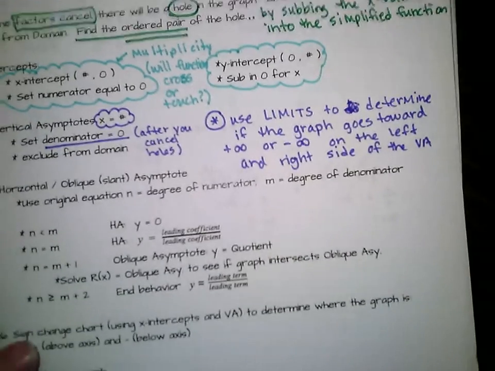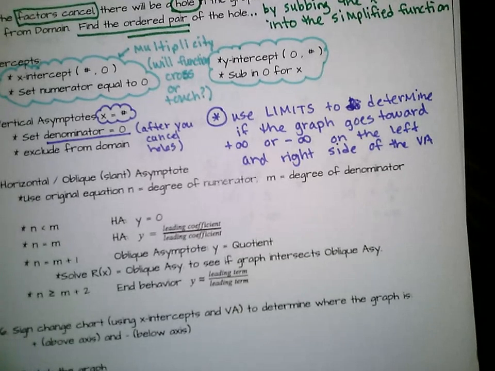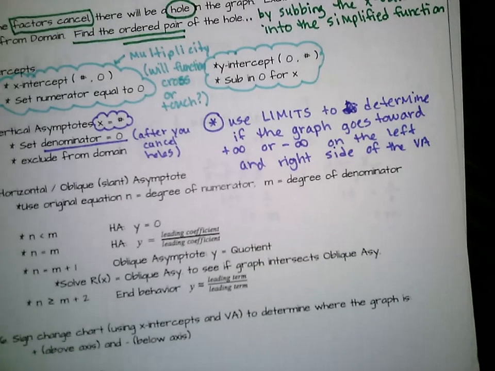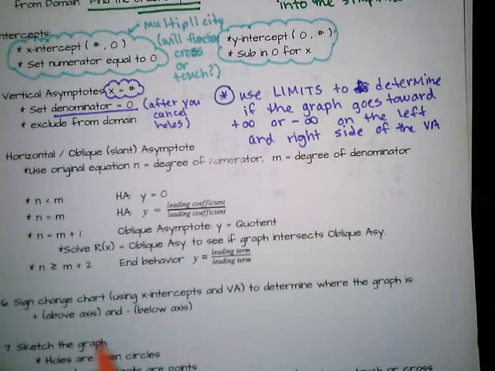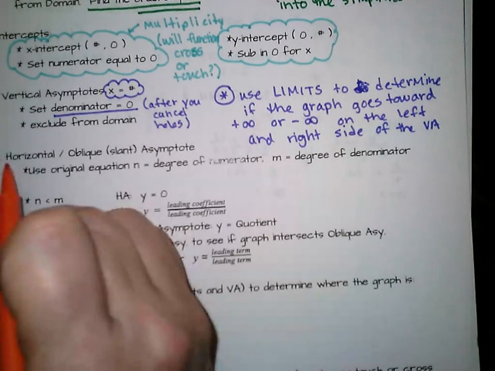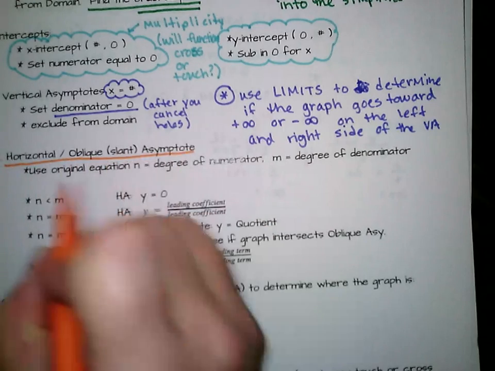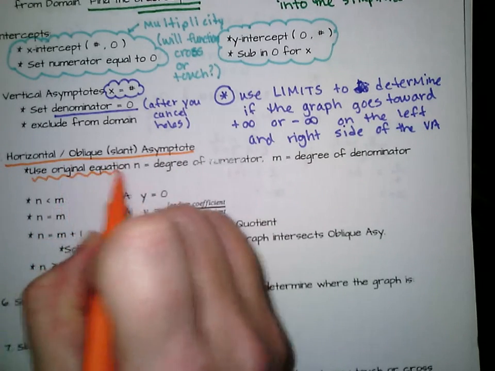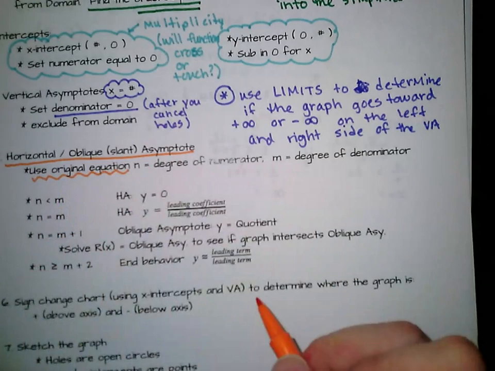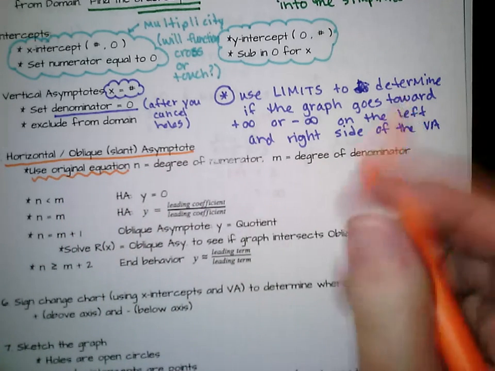Horizontal and oblique asymptotes. Okay, so for horizontal and oblique asymptotes, we are going to use the original equation. Remember that n is the degree of the numerator, m is the degree of the denominator.